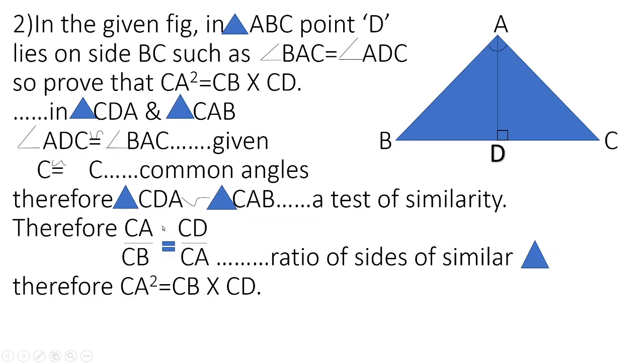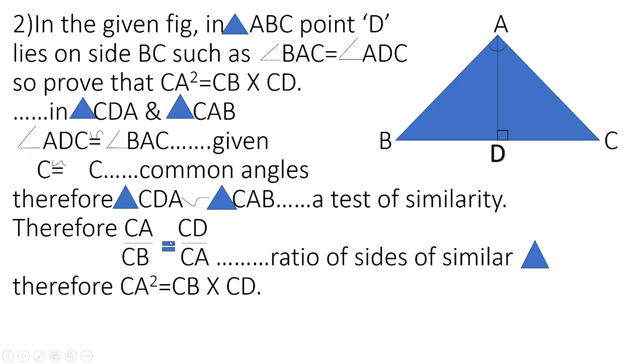Therefore, taking the ratio of corresponding sides, CA upon CB, I am taking CA this side and CB this side. Then the next ratio, CD upon CA.